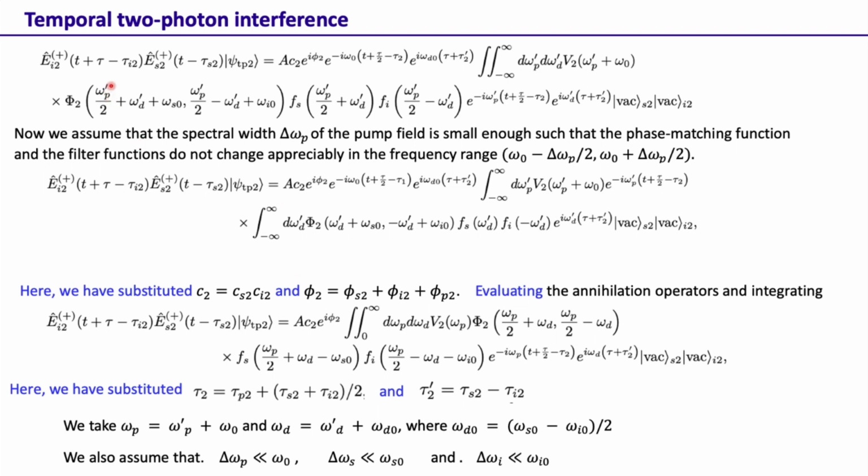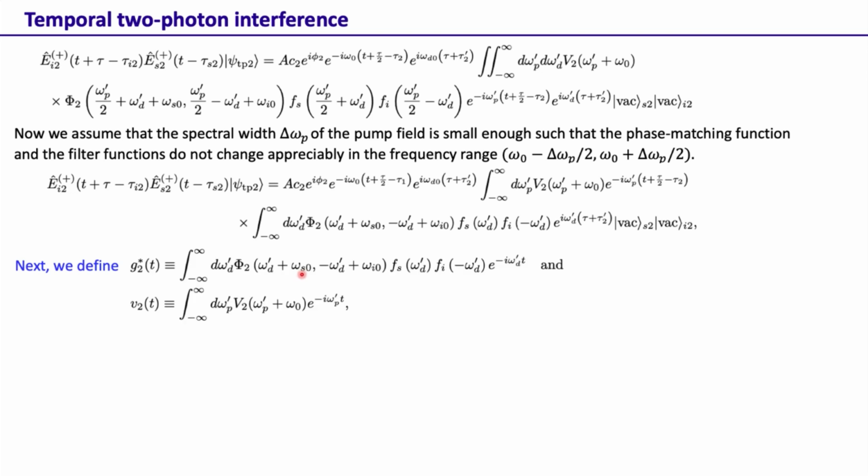This central value of omega p prime is omega naught, and then omega naught by 2 is omega s naught. That is the frequency of the pump. The central frequency of the signal is basically half the central frequency of the pump. So we have this one as the two separate integrals.